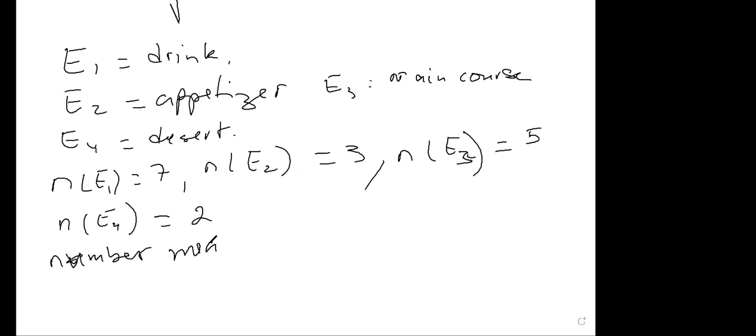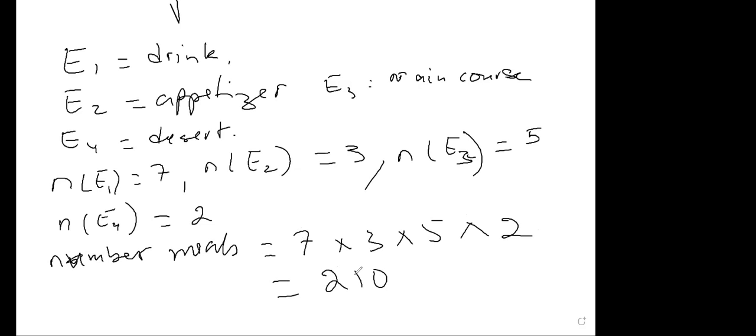Number of meals will be 7 times 3 times 5 times 2. 7 times 3 is 21, 5 times 2 is 10, and we have 210. So we want to use this fundamental counting rule to build up our formulas.